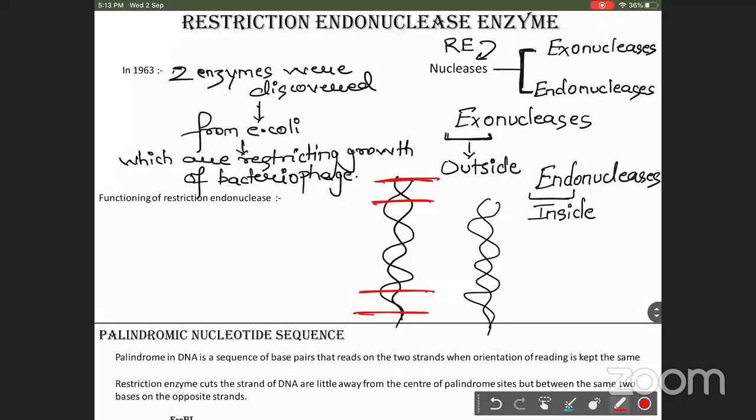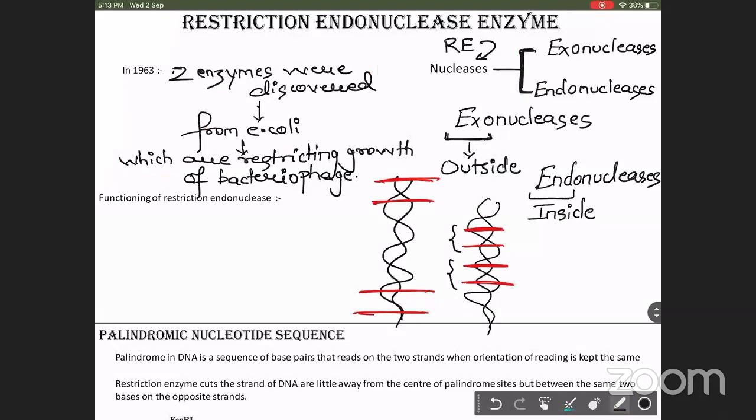They will cut the DNA at the specific sequence within the DNA, not on the end. So that was the difference between the endonucleases and exonucleases.